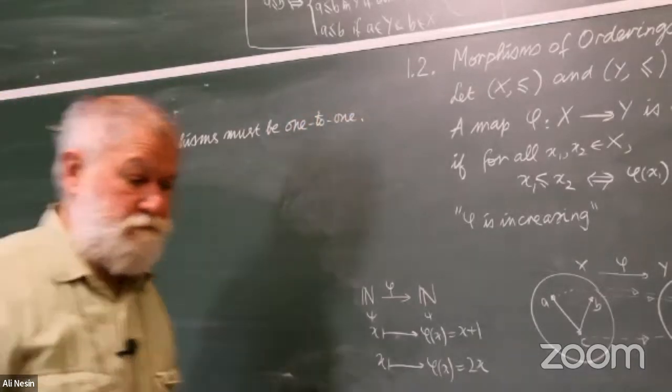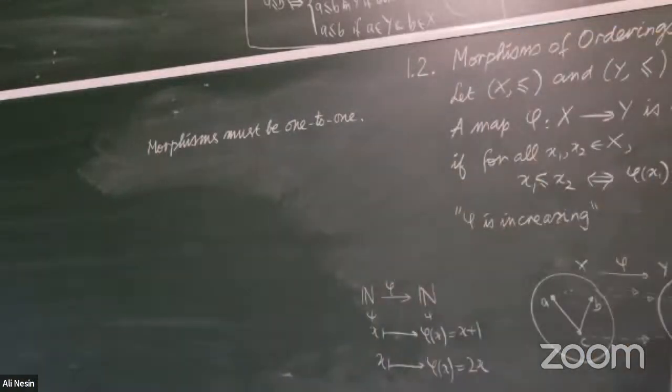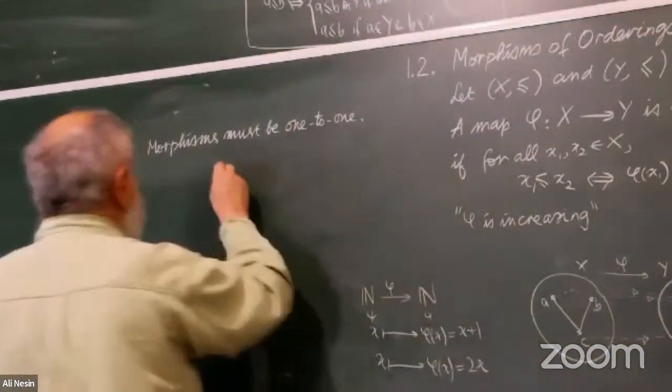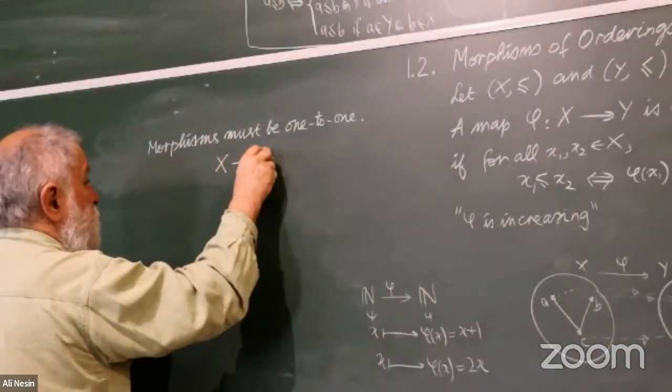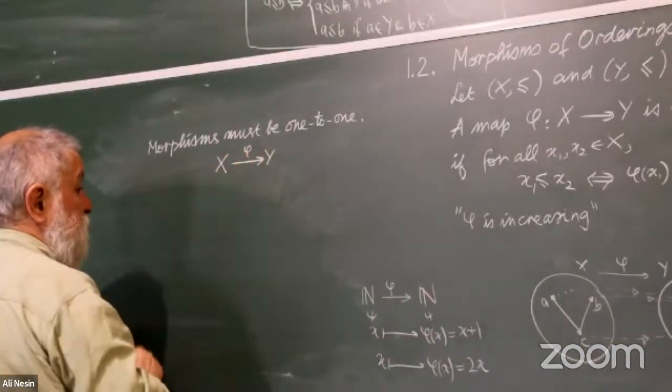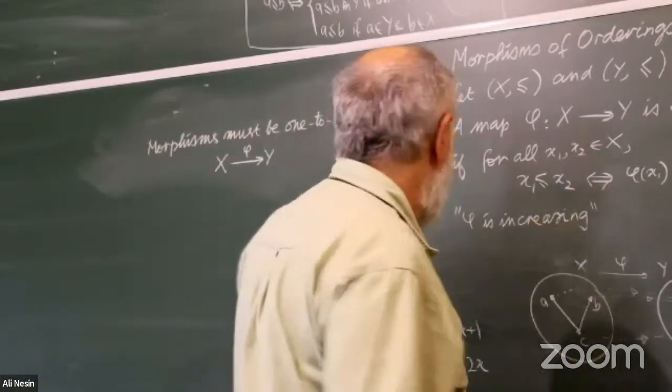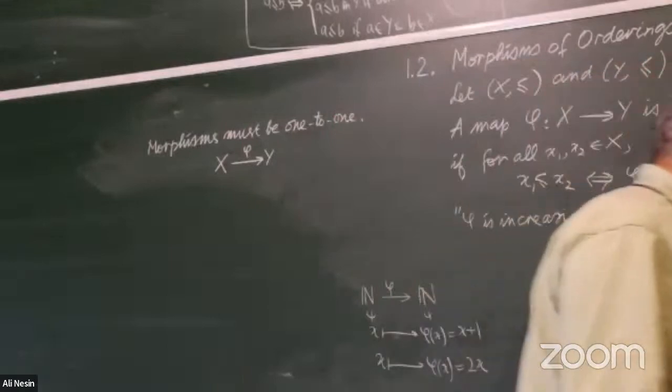Can you prove this? So you take a morphism phi from a partially ordered set X into a partially ordered set Y, so it respects the order. So you have both implications. Can you prove to me that phi is one-to-one?